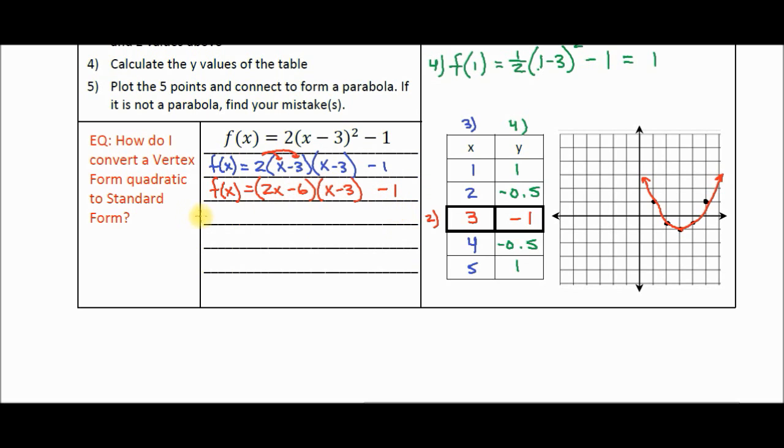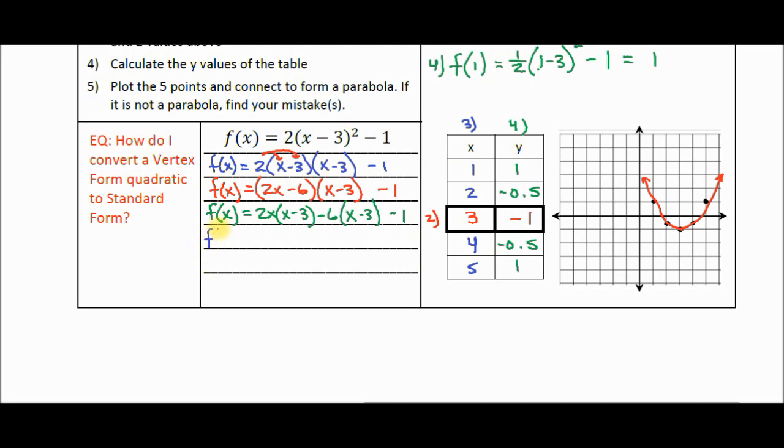Now we can distribute 2 binomials. So the function f of x is equal to, I'm going to use distribution, so we're going to take the 2x and distribute it to the x minus 3, or the second binomial. And then we're going to distribute the negative 6 to the x minus 3 binomial as well, and then don't forget our minus 1.